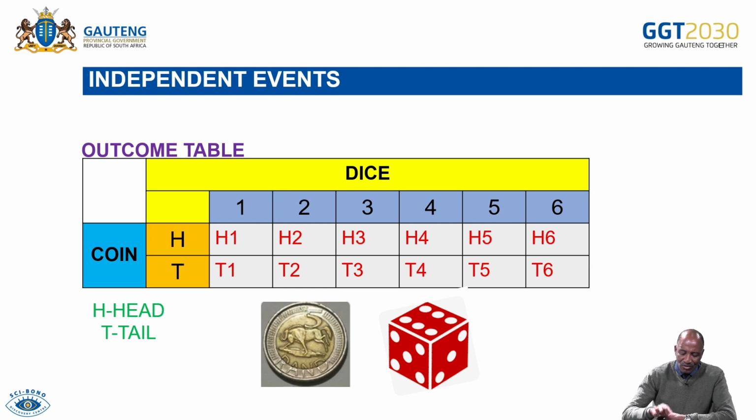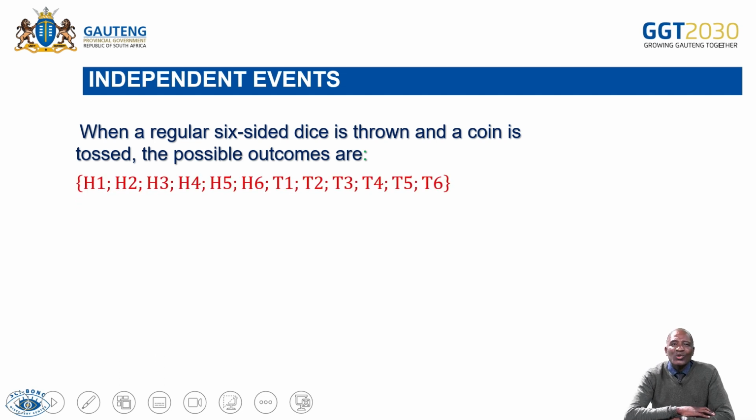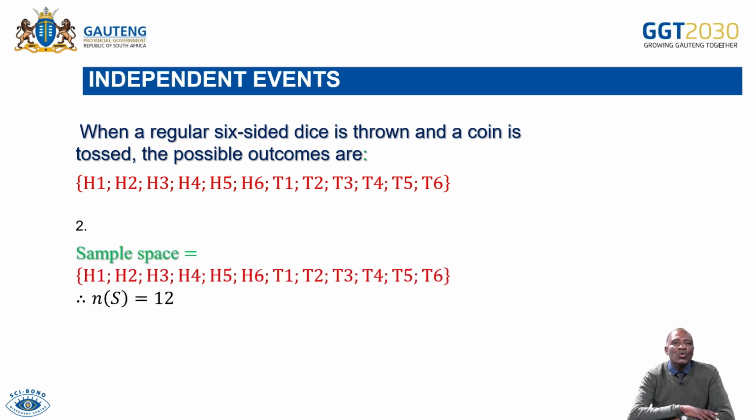Okay, we proceed. So we are saying when a 6-sided dice is thrown and a coin is tossed, the possible outcomes are those 12 that you saw from H1 up to T6. So all in all, we realize that there are 12 outcomes in our outcome table.